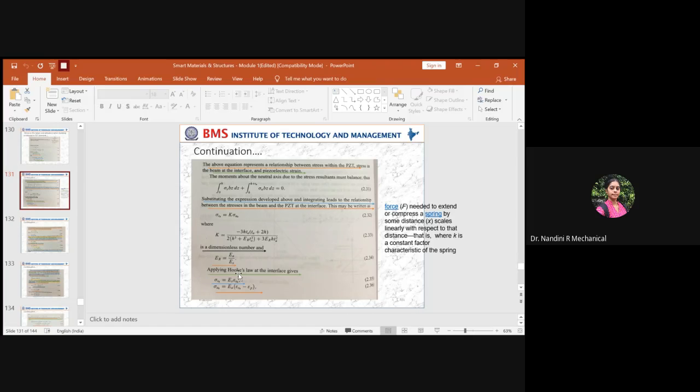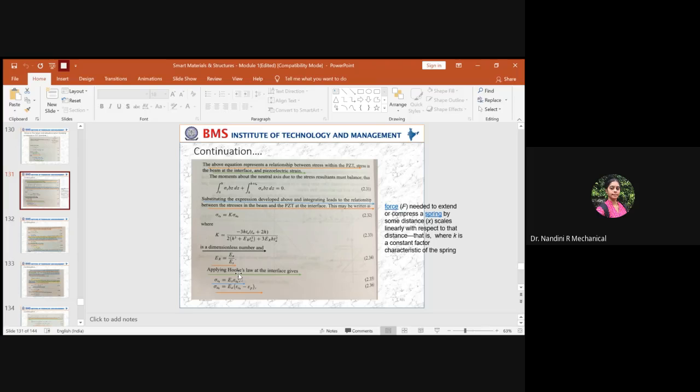One by one, first we studied the strain distribution, we studied the stress distribution, then we tried to club both together for superposition with respect to free strain. Then we tried to derive an equation with stress and strain together. After that, we tried to develop the moment across the given equation, right?